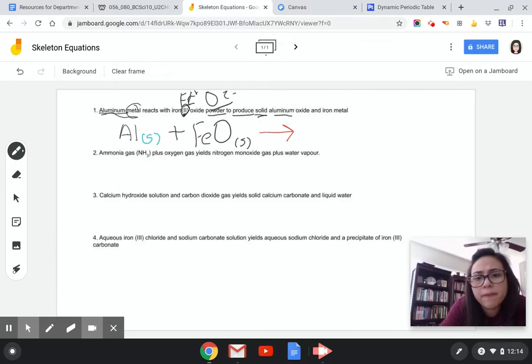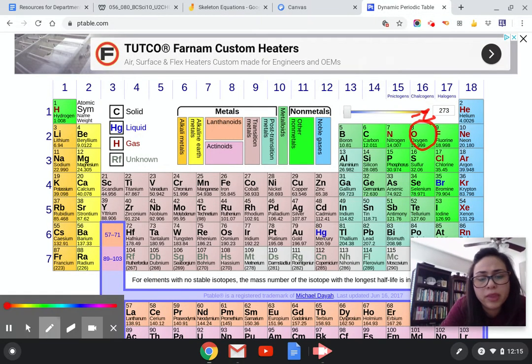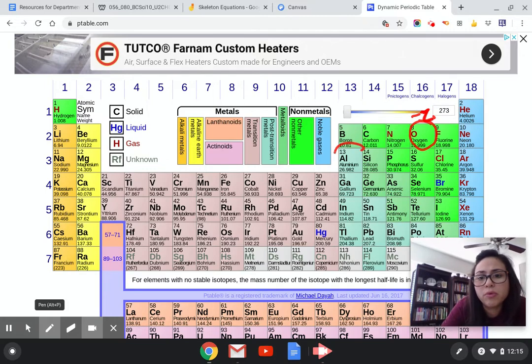So aluminum, because it's bonding with the oxide, or the oxygen, we want to make sure that we address the charge. Now, we know from our periodic table that oxygen is a 2 negative. And then we know that the aluminum, which is right here, will always have a plus 3 charge.